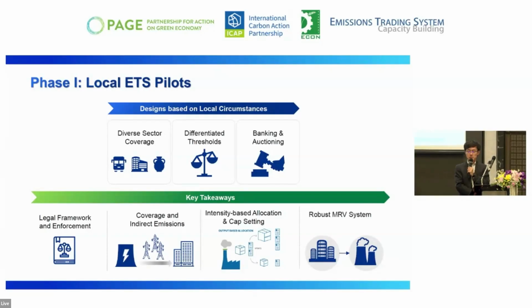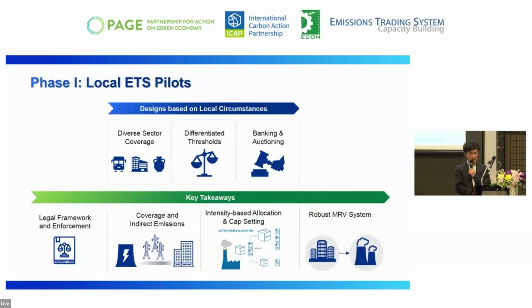And also because of this threshold, we can see that Beijing and Shenzhen are covering more narrowed-down sectors, like buildings or transportation. But in general, in the national ETS and also in Hubei, they're not covering transportation and not covering buildings yet because their threshold is definitely higher.